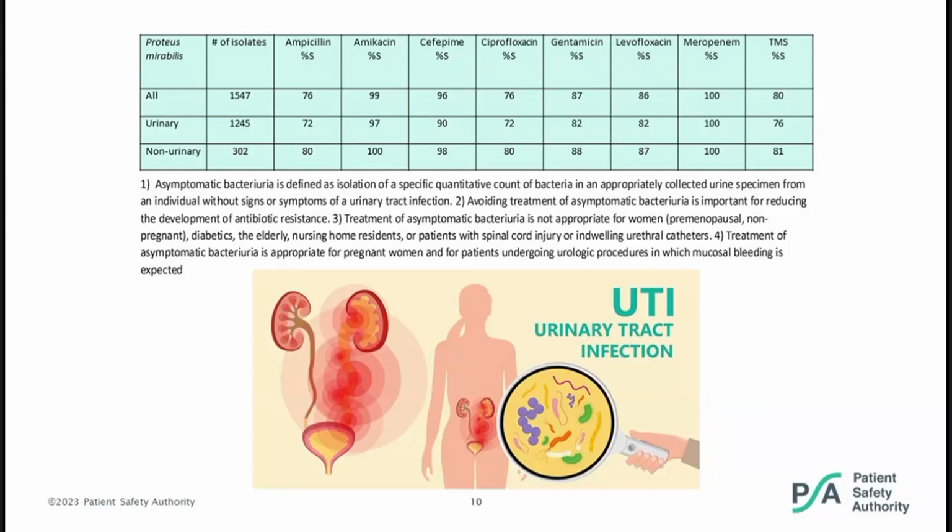And just a reminder that asymptomatic bacteriuria is defined as isolation of a specific quantitative count of bacteria in an appropriately collected urine specimen from an individual without signs and symptoms of a urinary tract infection. So we should not be treating these individuals. When we do this, this potentially leads to the development of antibiotic resistance.